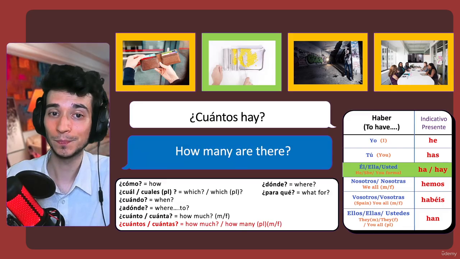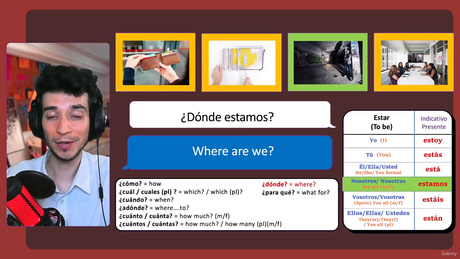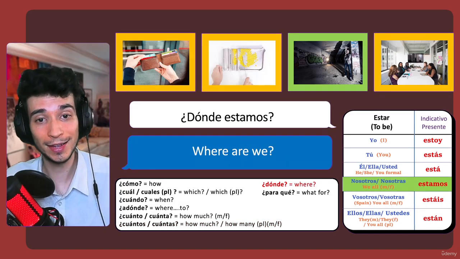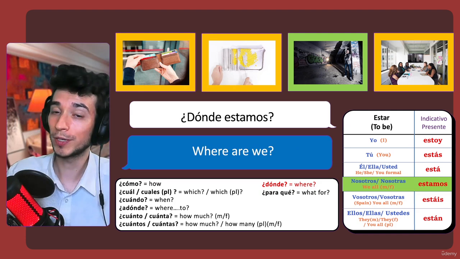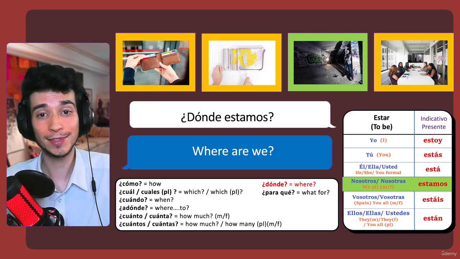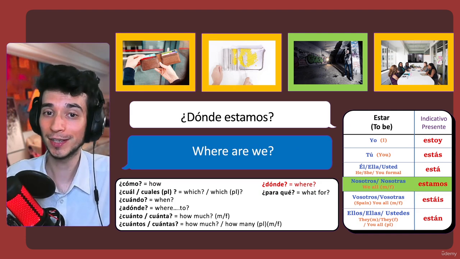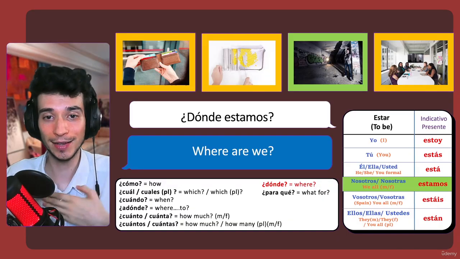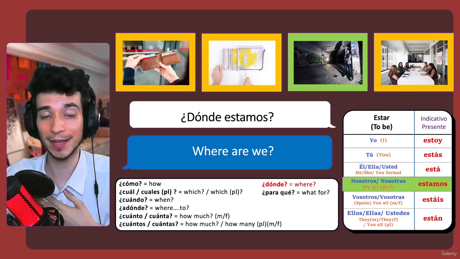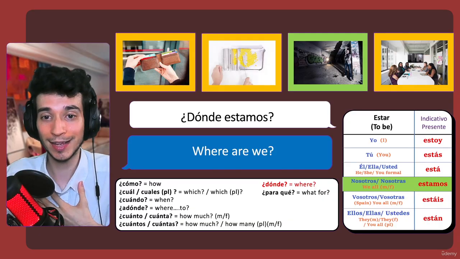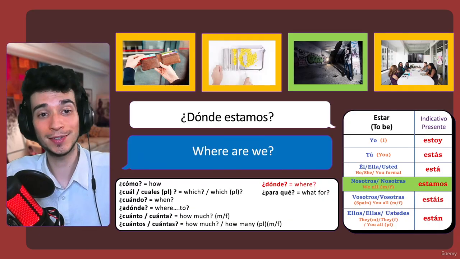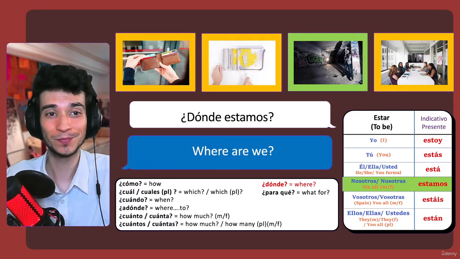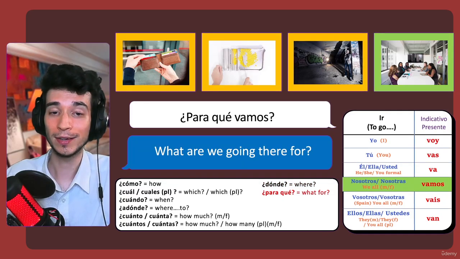And the next one. ¿Dónde estamos? Where are we? So yeah, estar, estamos is a conjugation from estar. Nosotros estamos, we are. ¿Dónde estamos? Where are we? And the next one.